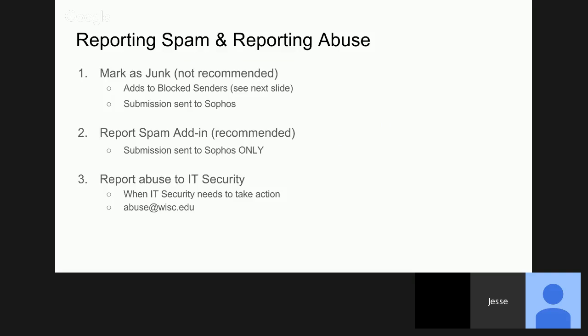It adds the sender to the block senders list, and I'm going to talk in the next slide about why that's problematic. And then it sends the message as an attachment to, well, it tries to send it to Microsoft, but we intercept the messages and send it to Sophos so that Sophos can train their algorithms to be more accurate.